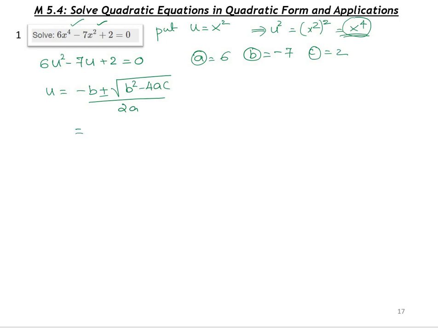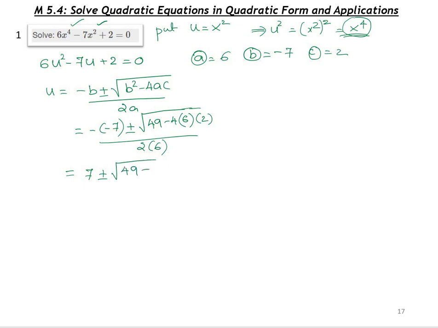That is negative of negative 7, plus or minus square root of 49 minus 4 times a is 6, c is 2, divided by 2 times 6. So we get 7 plus or minus square root of 49 minus 4 times 6 is 24, times 2 is 48, divided by 12.